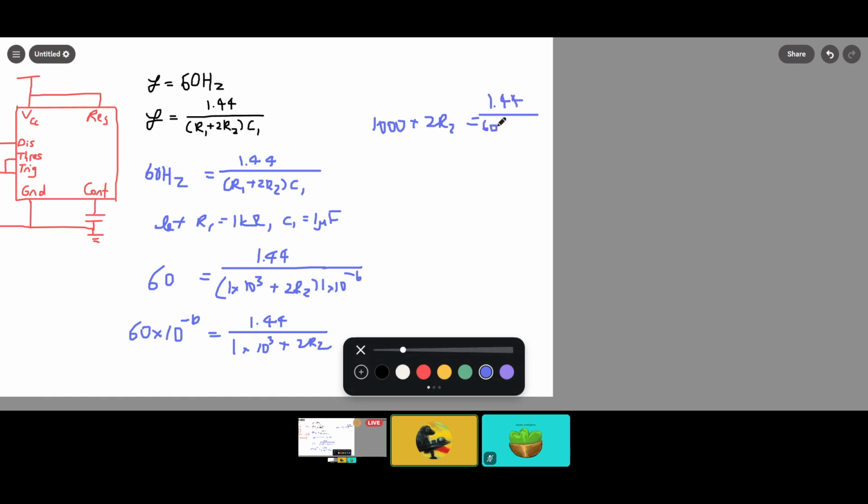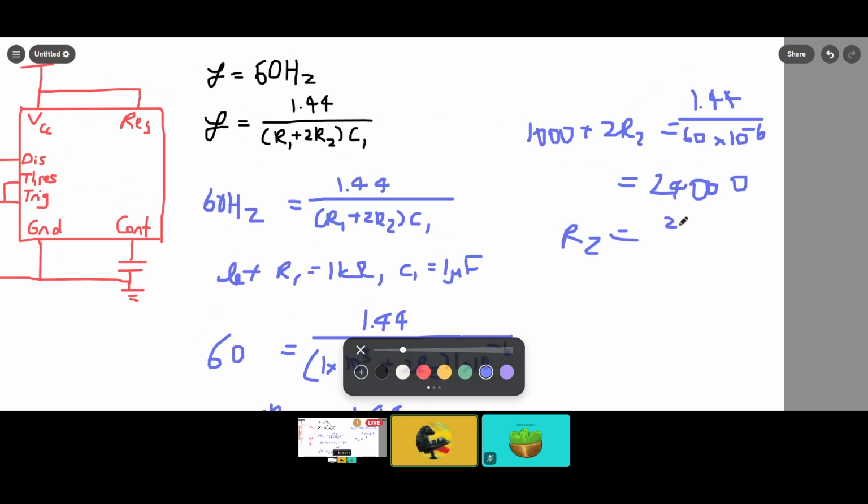So this, then, is equal to a very large number, I think, as in the fraction there. Yep, 24,000. Then we just need to do R2. I'm skipping some steps here, but R2 is pretty much this minus 1,000.